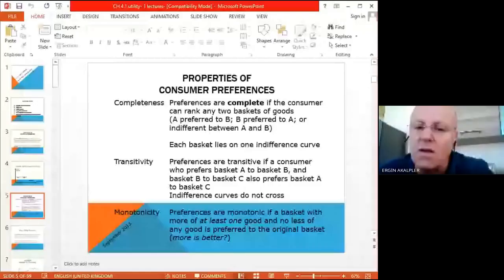And each basket should be on one indifference curve if we have our indifference curve and of course our budget line tangent to each other. And if we have upper and lower levels on this curve, then we don't have the similarities, as we created in our former lecture, these properties where it is not able to create or offer this similar option in a given scenario.